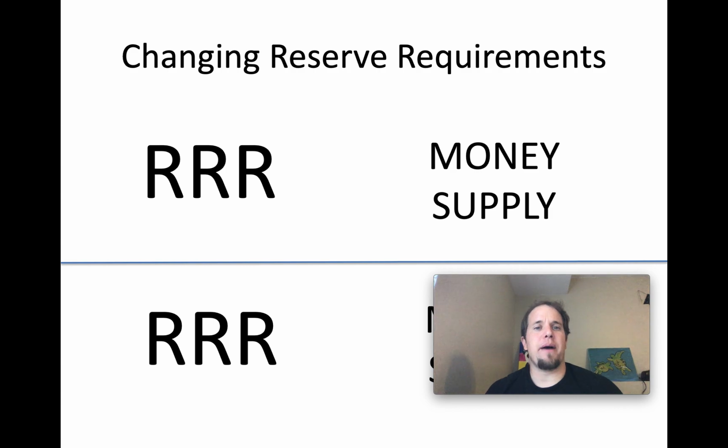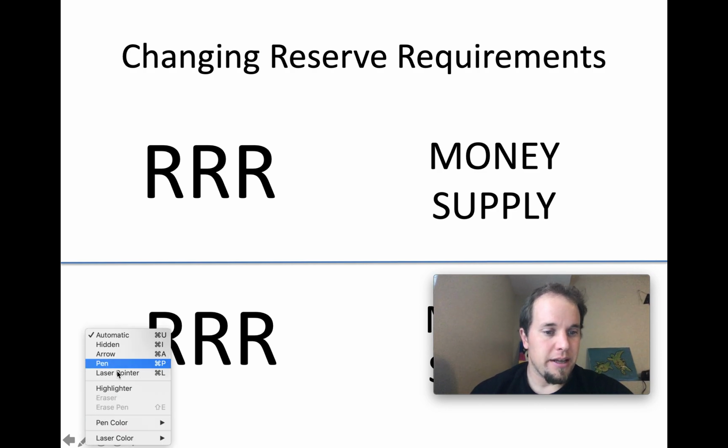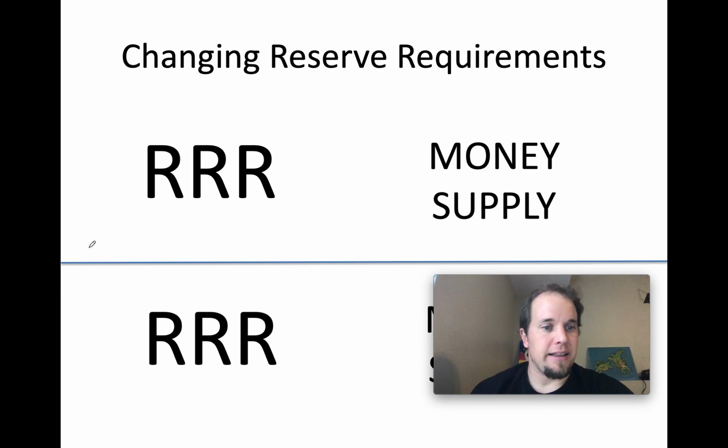Now, let's talk about how this tool can be used to help stabilize the economy. So let's do an example here. Let's say right now that 10% is the RRR. That is the percentage they're required to have. And let's say the economy is moving towards inflation.